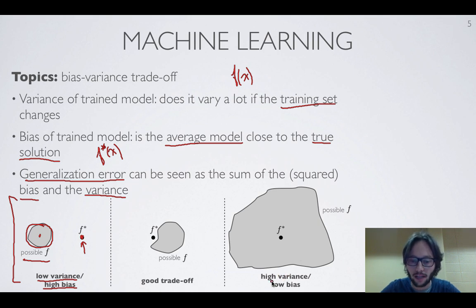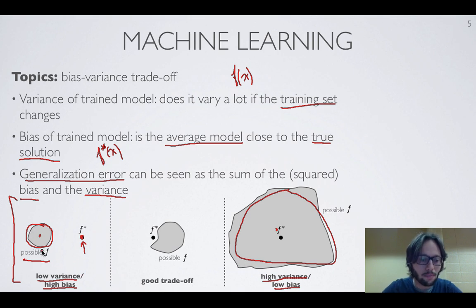On the opposite end of that spectrum, I have a case where I have high variance, so the region of potential neural networks is quite large, but low bias, because on average, maybe the point would be here, and that's actually quite close to what the true solution is. So let's think about why this is bad and this is also bad. This is bad because in a given situation, I get one training set.